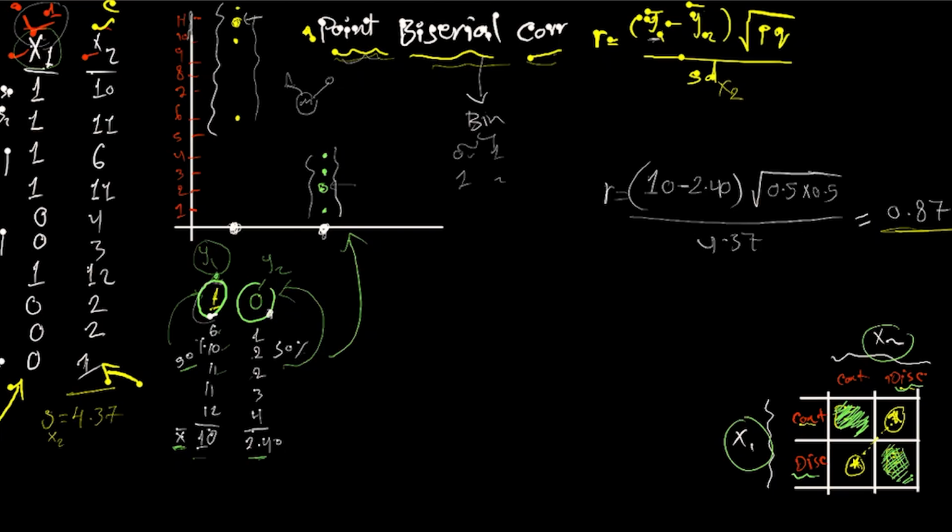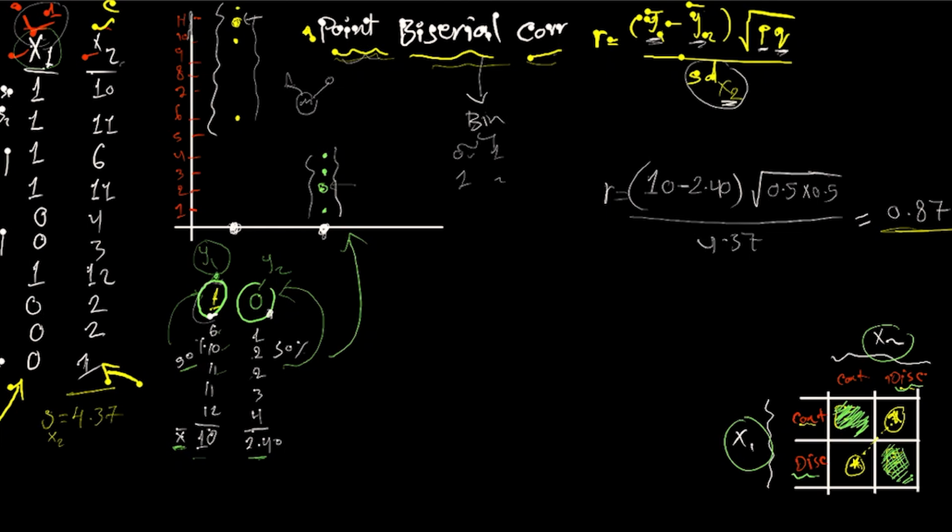So the calculation simply takes the mean of the first group, minus the mean of the second group, and then multiplies by the square root of a quantity: the proportion of the first group times the proportion of the second group. Then divide by the total standard deviation of the variable that is continuous, in our case x2.